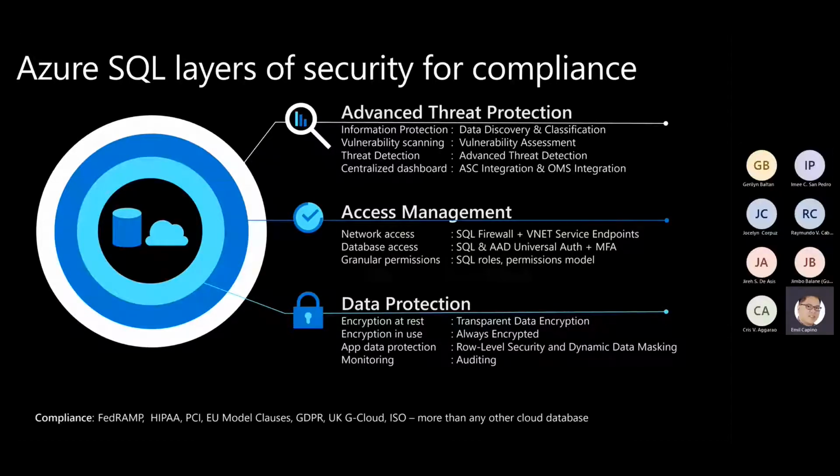For access management, you have network access, database access, and granular permissions. So under access management, you have a more granular way of controlling how your databases are accessed by the network at the database level, even at the user level with SQL roles and permissions.